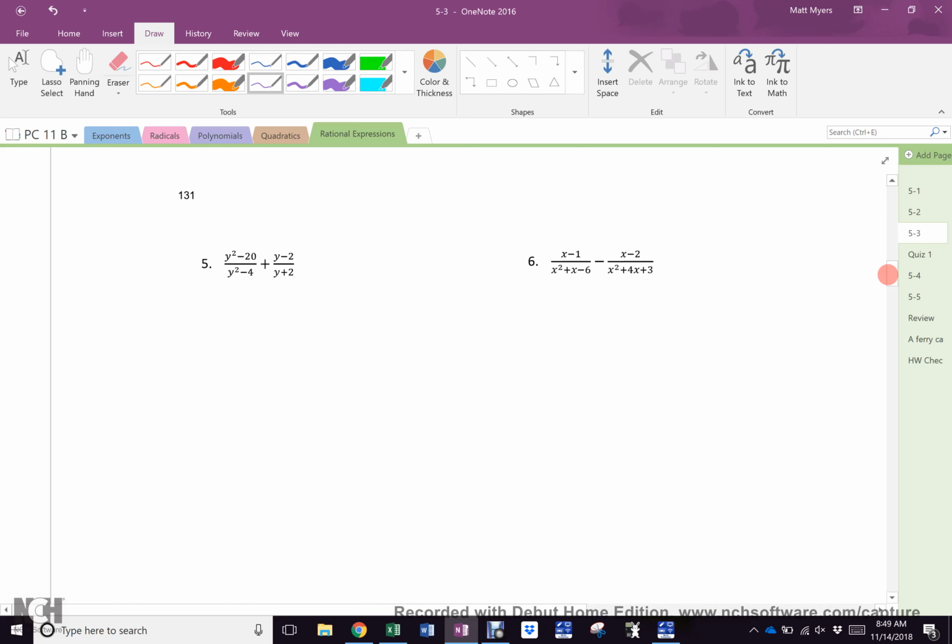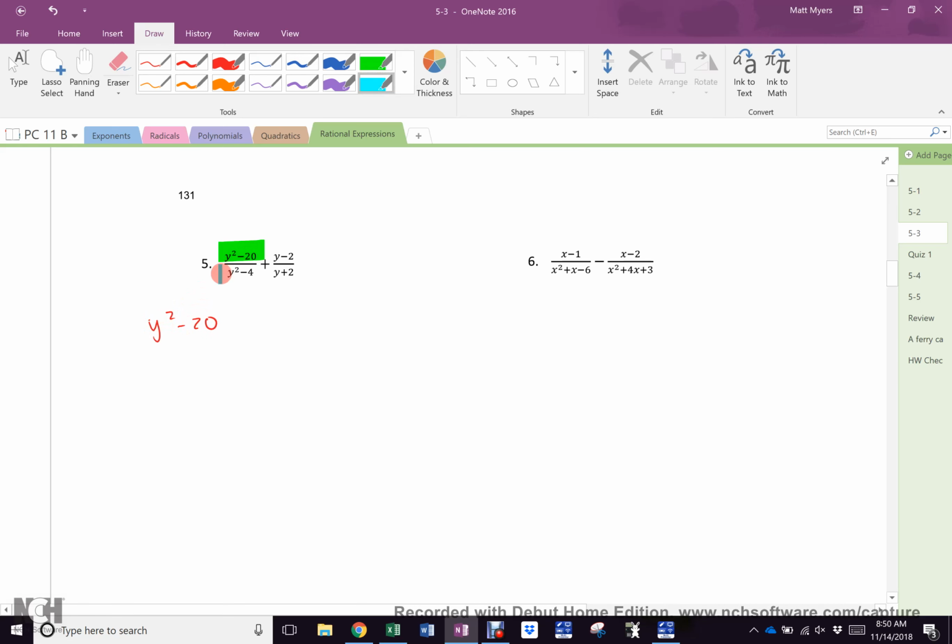No. Factor. How do I factor the green one? Does it factor? No, why not? It's not 2 squares, is it? So can I change that guy? No. He stays as y squared minus 20.